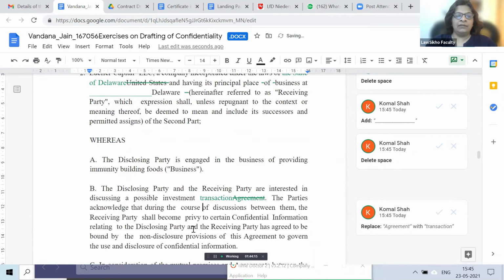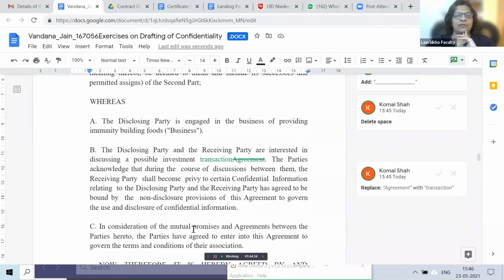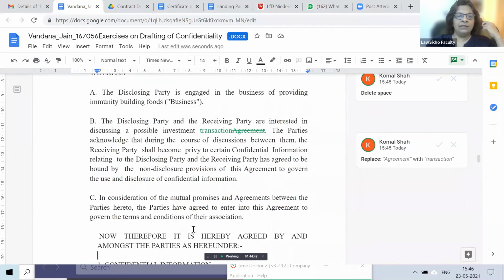The parties acknowledge that during the course of discussions between them, the receiving party shall become privy to certain confidential information relating to disclosing party, and the receiving party has agreed to be bound by the non-disclosure provisions of this agreement to govern the use and disclosure of confidential information. In consideration of the mutual promises and agreements between the parties, they entered into this agreement.